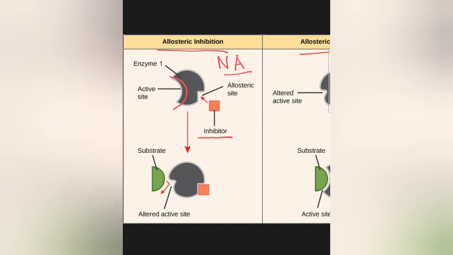So before the binding of the inhibitor, they were very much complementary to each other, right? But as soon as the inhibitor went to the allosteric site to bind with the enzyme here, the active site changed in such a way that the substrate could not bind to it anymore. Okay, can you see that?